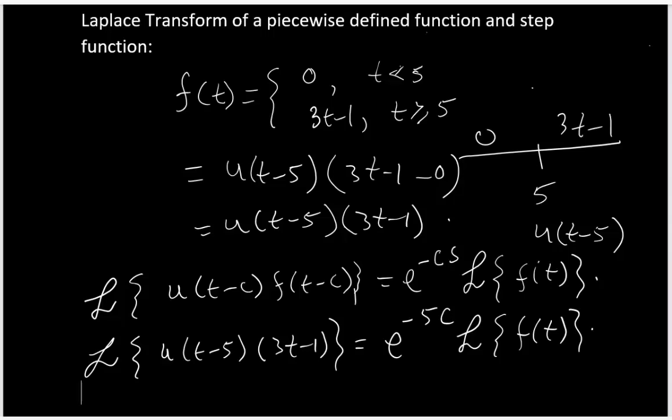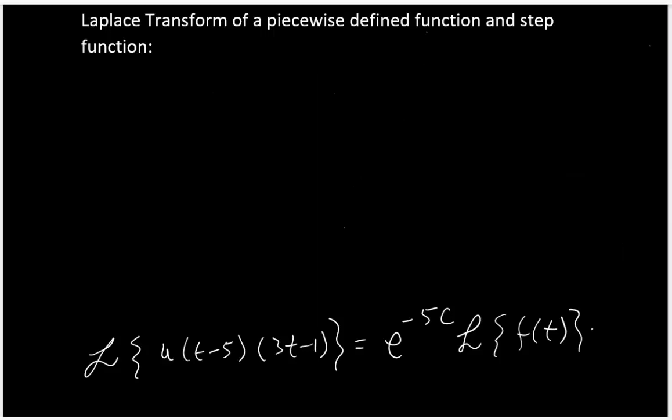So first we see what we have known. As you see from the definition, this function here is f(t minus c), so f(t minus 5), because c is 5, equals 3t minus 1.